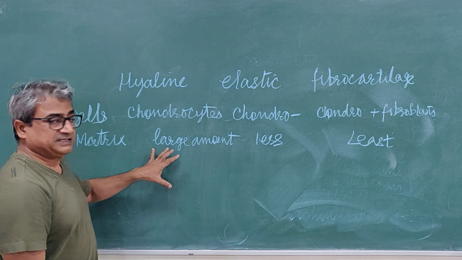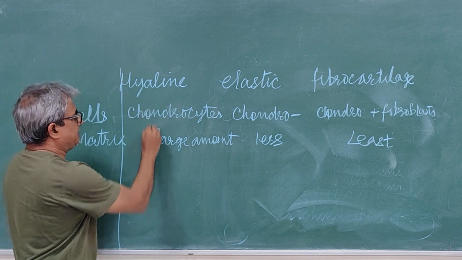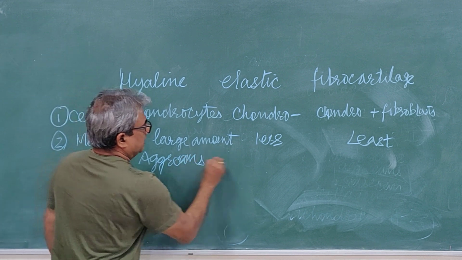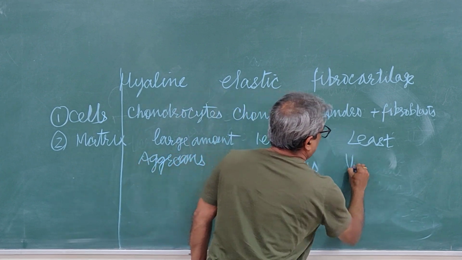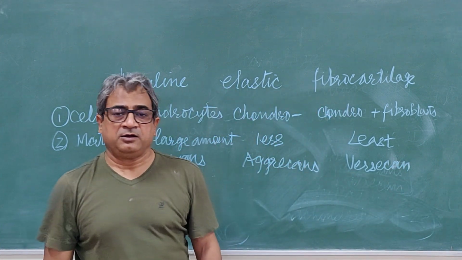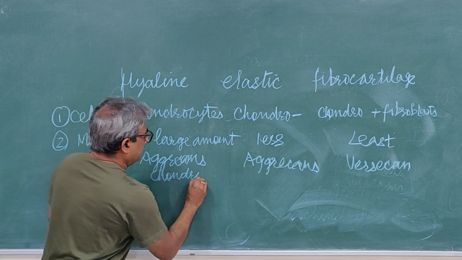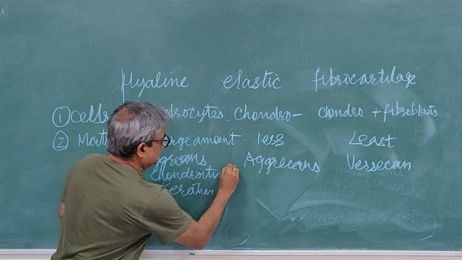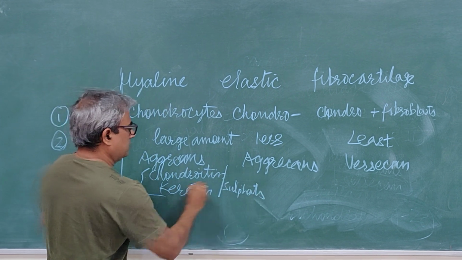So the matrix is like this. In the hyaline cartilage, what is lying in the matrix? Aggrecans. Here again, aggrecans. And what is present here? Versicans. So what is the difference between aggrecan and versican? Aggrecan is composed of chondroitin and keratan sulfates, right?